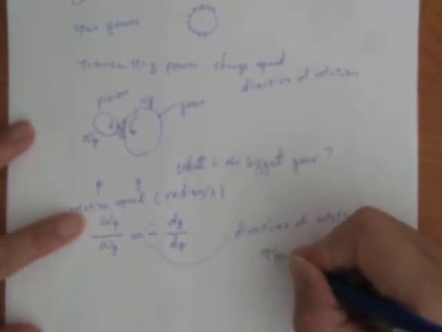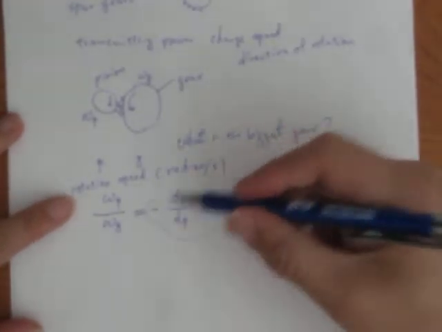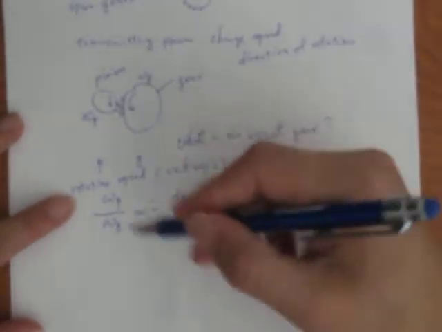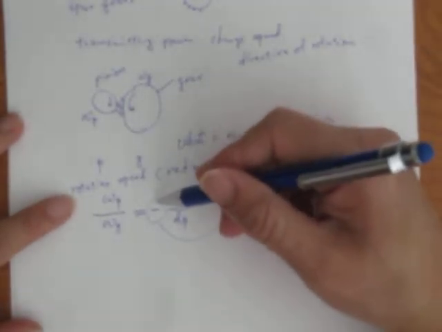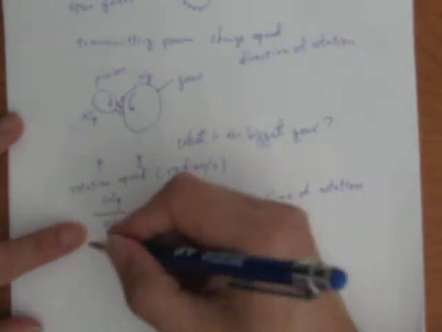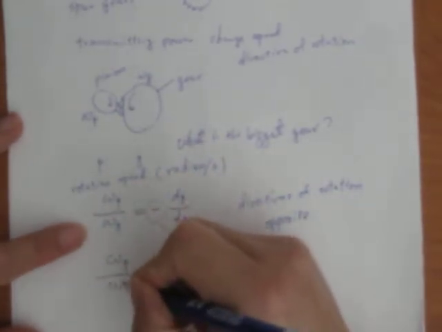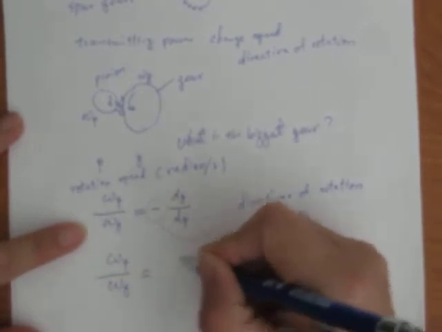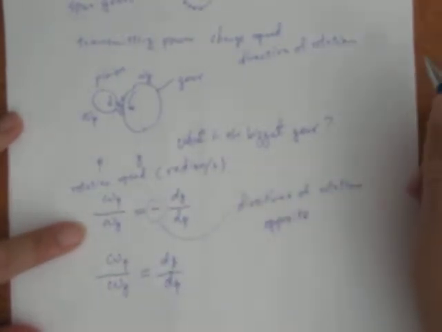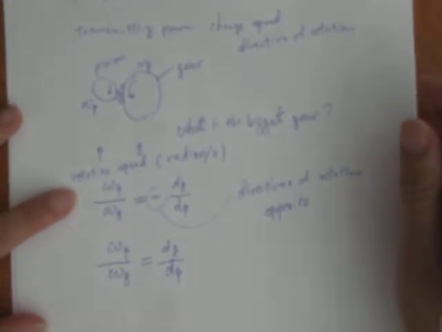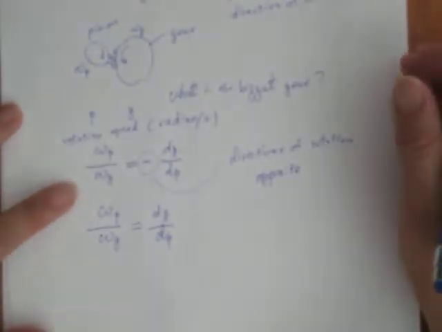But this just indicates direction. It does not involve the calculation. So from now on, we're going to take the negative sign out. We just say omega p over omega g is equal to dg over dp. That's the basic relation here.